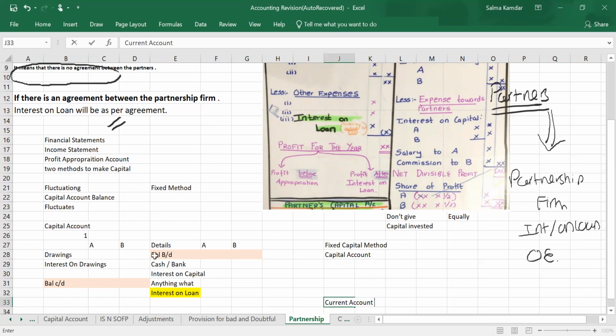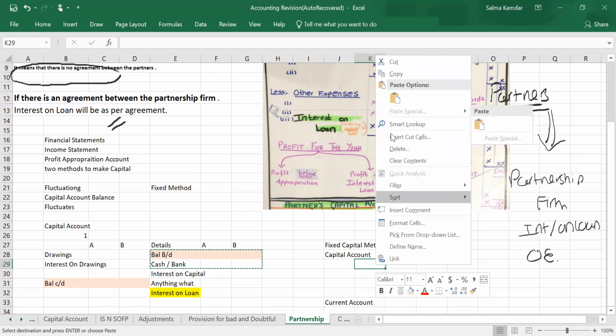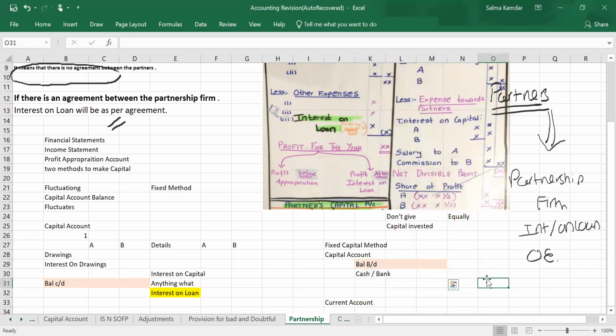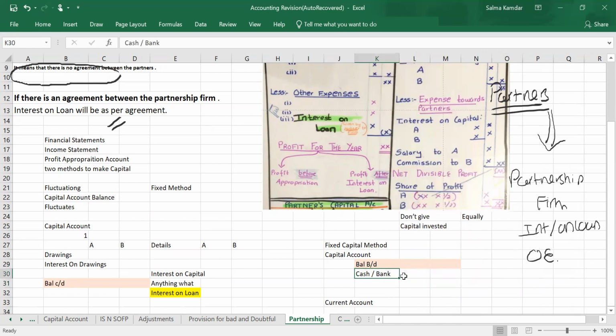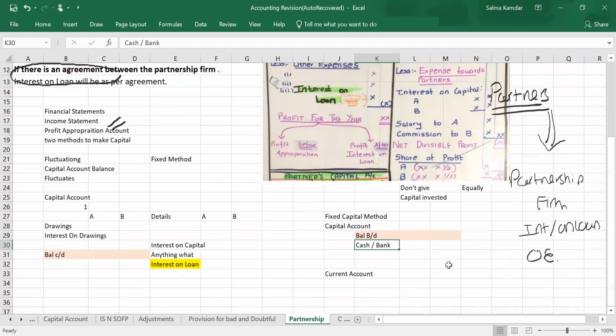In the capital account, you're only going to record two items. Which two items? Balance b/d and cash/bank. You're only going to record your opening balance and additional capital. That is it. Nothing else will come in the capital account.